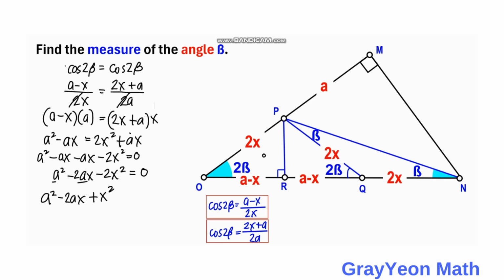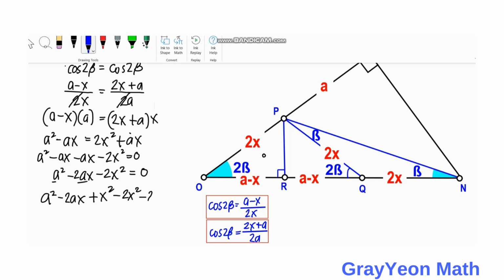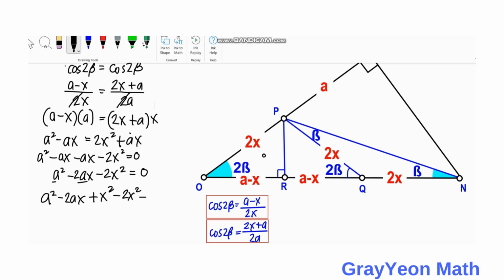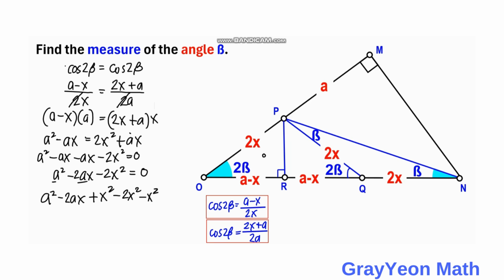Since we added the x squared, we need to subtract it again to balance it out, so we are practically adding nothing.